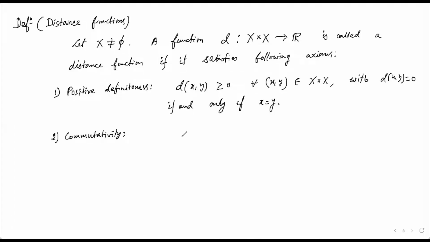So the second axiom, this is commutativity. It says that d(x, y) is equal to d(y, x), and this happens for all (x, y) belonging to X Cartesian product with X. And the third axiom is known as the triangle inequality.